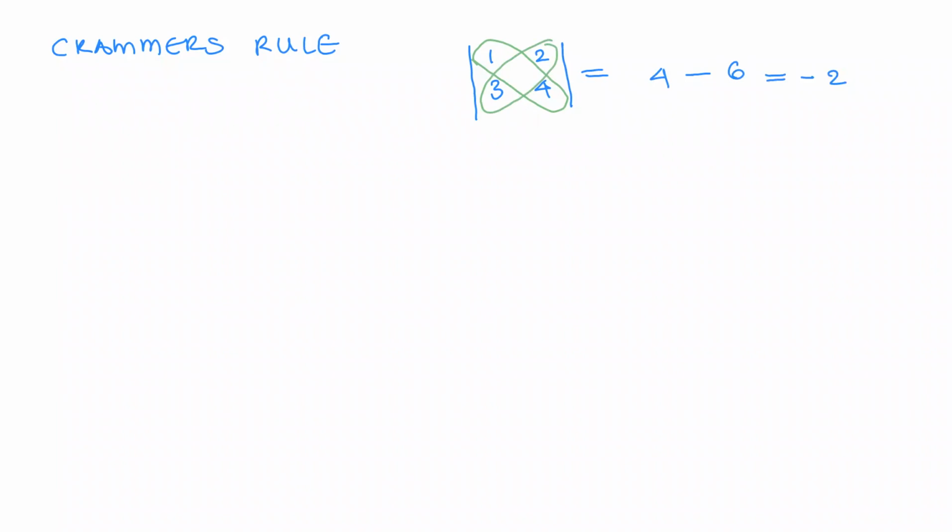Let's try another one. एक और try करते हैं, and then I will teach you the Cramer's rule, क्योंकि ये जानना जरूरी है। See, 3, minus 1, 4 and 2. So first of all, it's difference of the cross product. The cross product में we always go like this. So 3 times 2. So 3 times 2 is going to give us how much? 6.